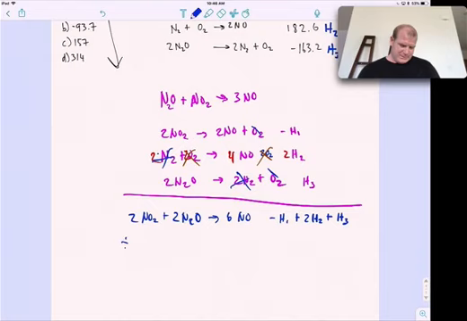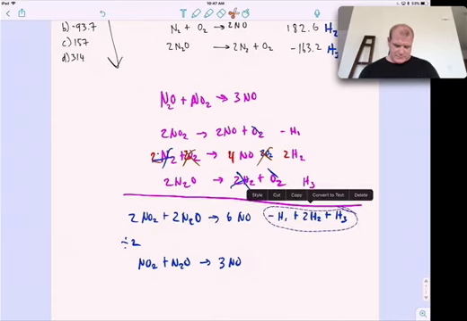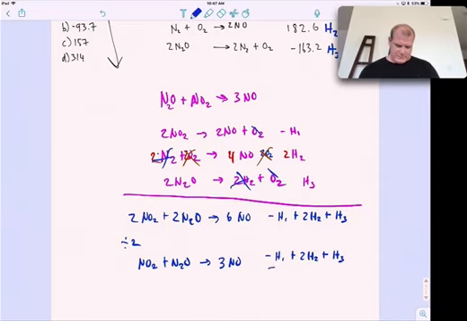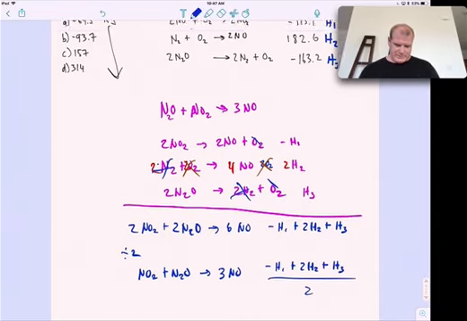Then we divide this by 2, and you get NO2 plus N2O yields 3NO, and then it's just that value divided by 2.